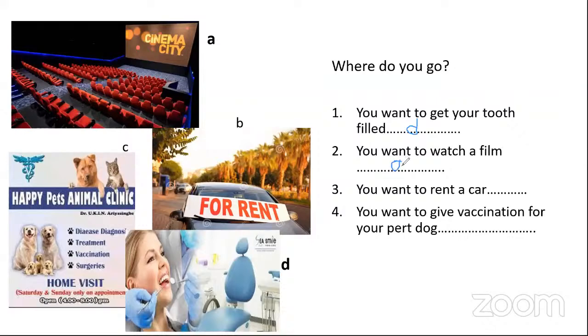I am giving you the time to write. Take a pen and write the questions. Put a 1, 2, 3, 4 and write the questions and then the letters for the answers. This time is for you to write the answers.